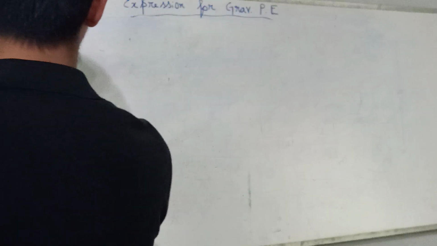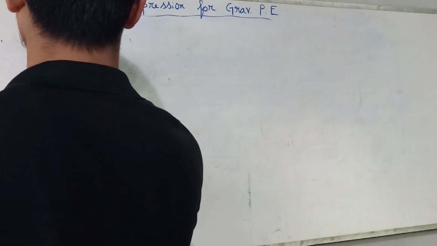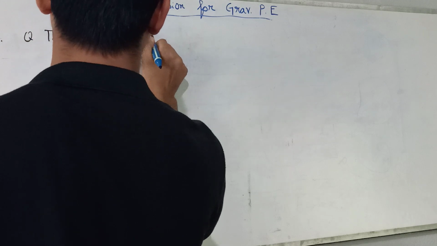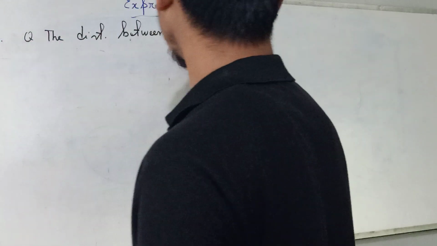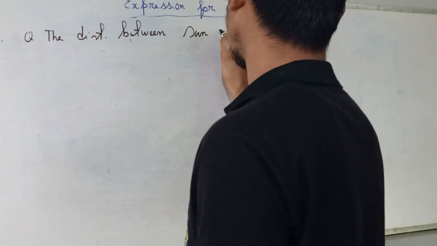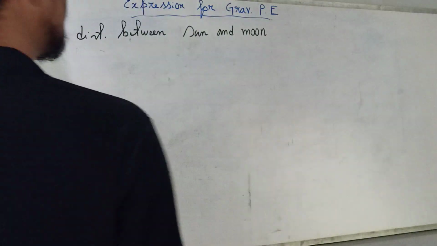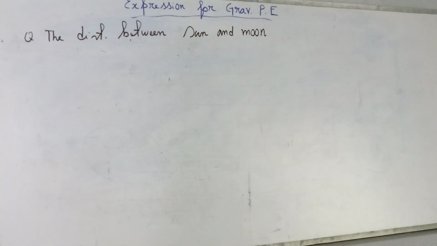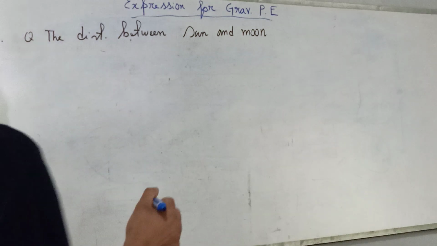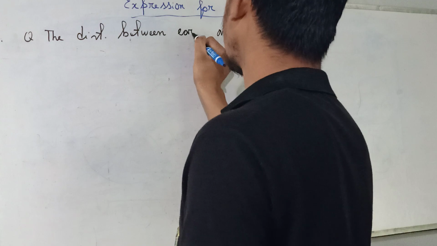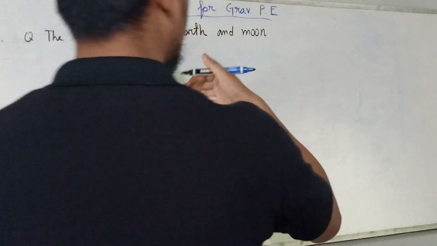Suppose the distance between the sun and moon... Let's consider the Earth and the Moon instead, objects which are at a closer distance.